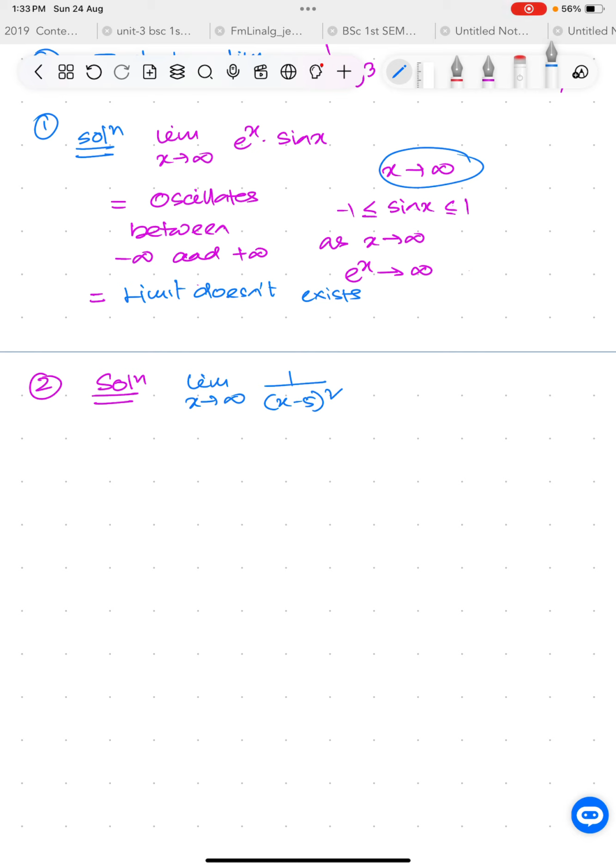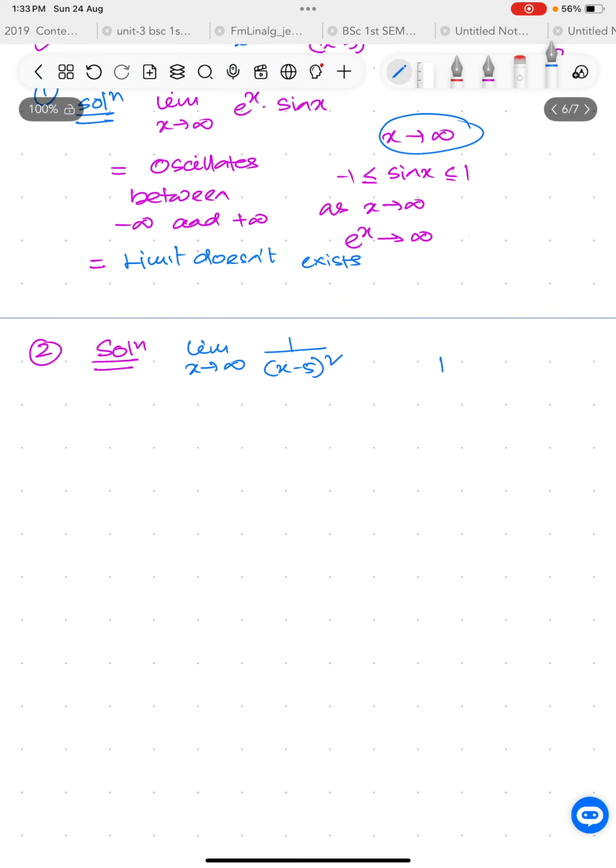To solve this question, you have to understand a concept, and the concept is this. If we divide 1 by a bigger number, say the bigger number is 10, what are we going to get in this case? We are going to get a small value. Small or bigger value? Small value.